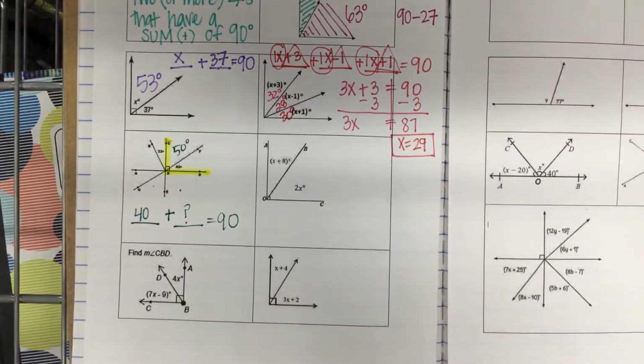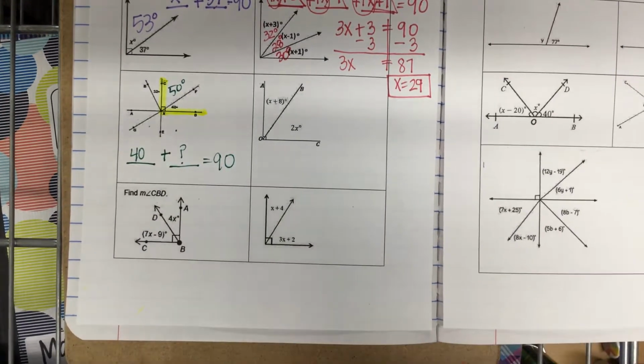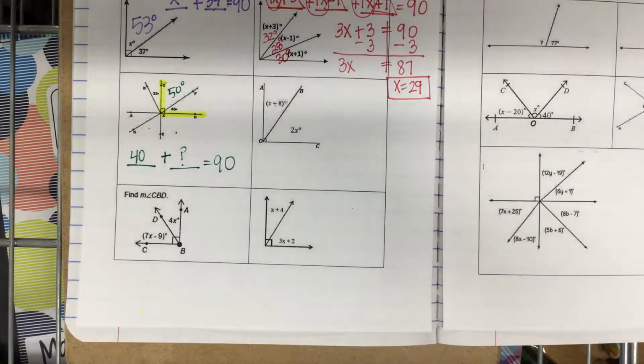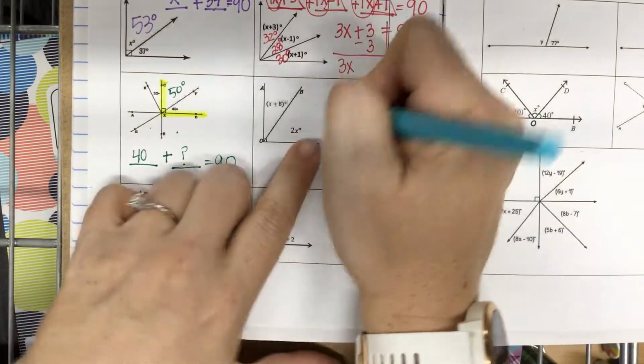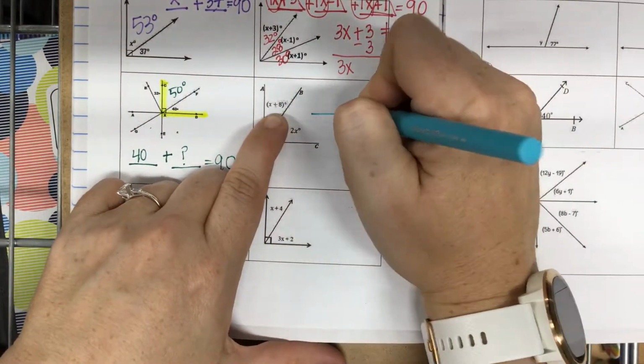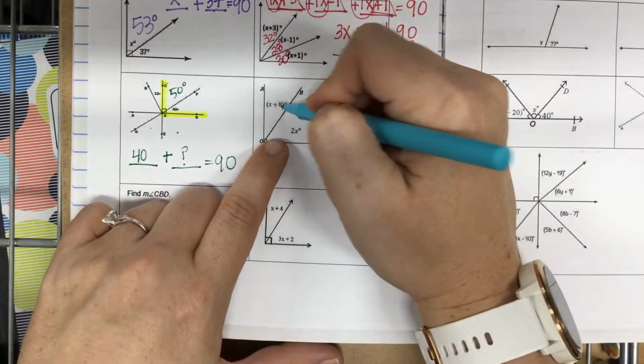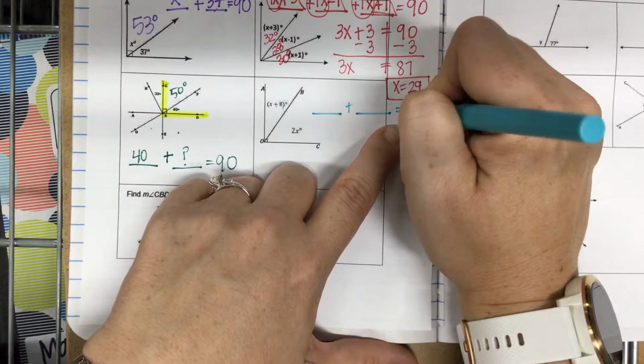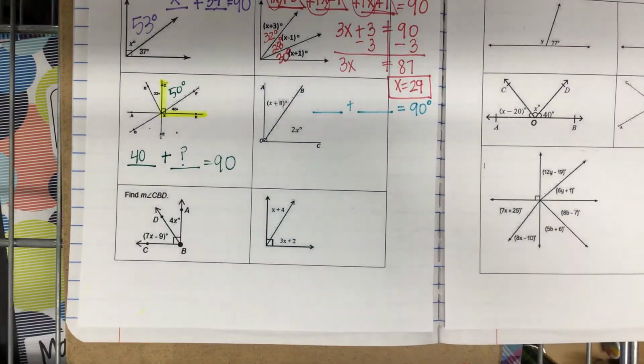Next one. Complementary angles. So that means angle, I'll switch colors. Angle 1 plus angle 2, because there are only two angles in this problem, equals 90 degrees. What's angle 1? What are my numbers?